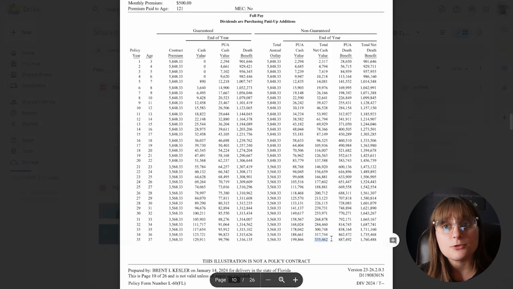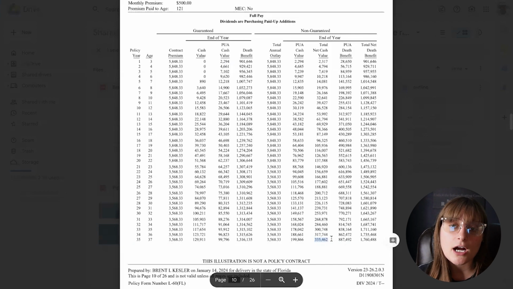The only difference between guaranteed and non-guaranteed, guaranteed is that contractual interest that the company has to pay us each and every year. And then the non-guaranteed side, this is just incorporating the projected dividends. So, I can't sit here and promise you dividends inside of your policy contract because dividends are not contractually guaranteed.